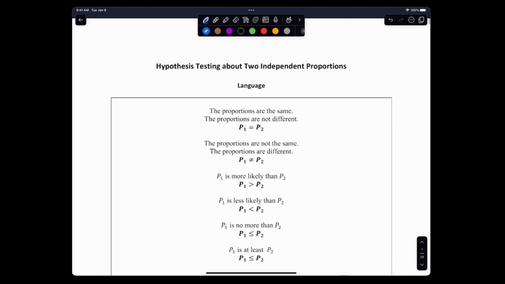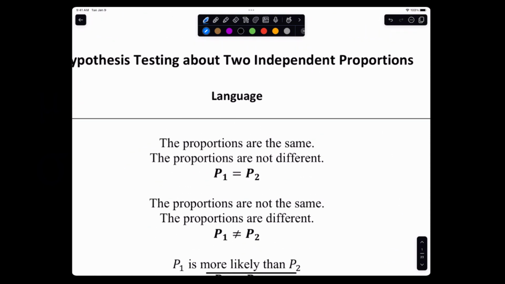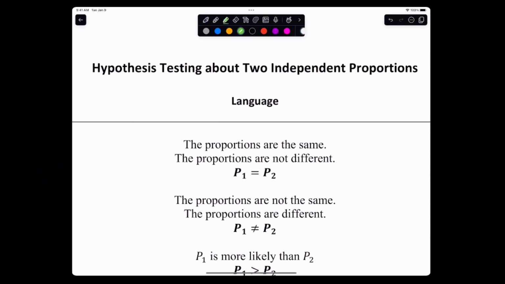So when you go and you read this, of course, you always want to start with the language, okay? We're going to start with language here. So you have here the proportions, which is P1 and P2, right? What's a proportion? Do you guys remember? It's a probability. It's a percent. So when they say those proportions are the same, what do you think they mean?